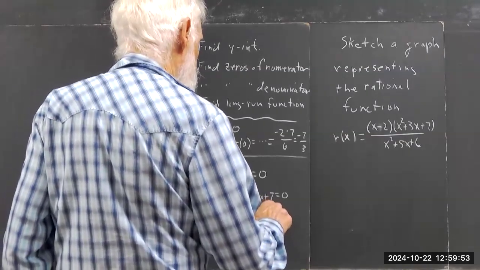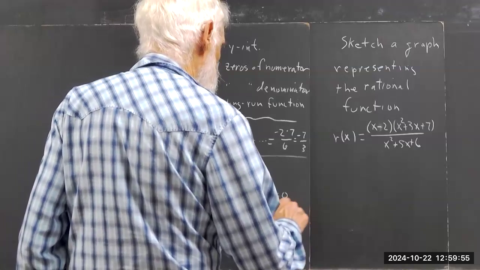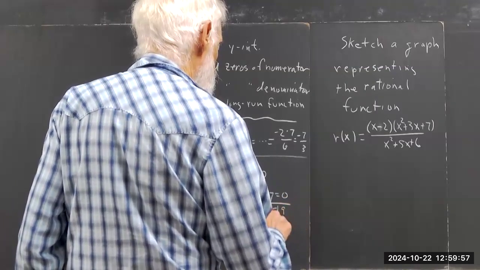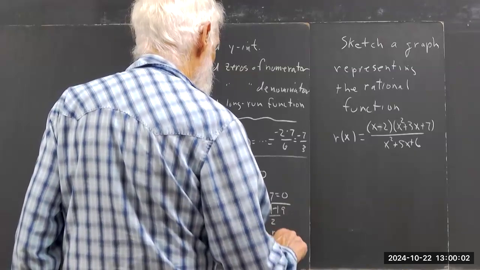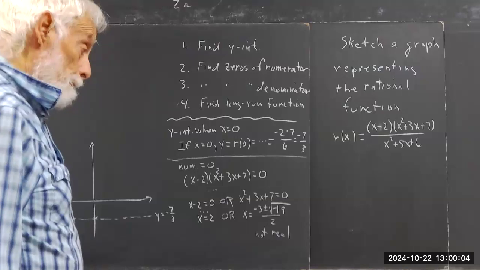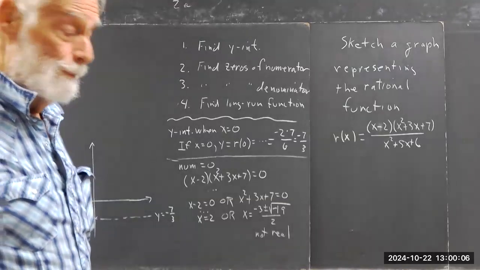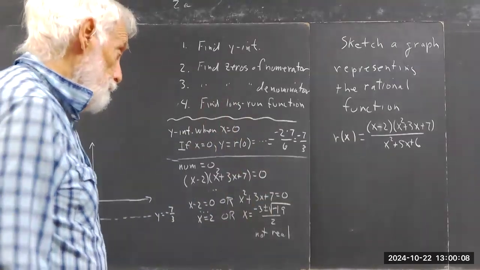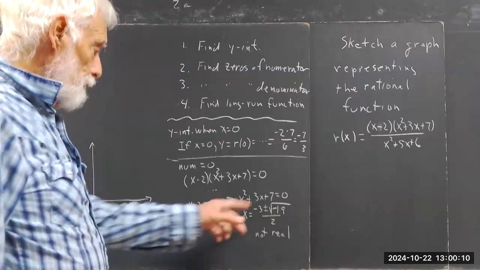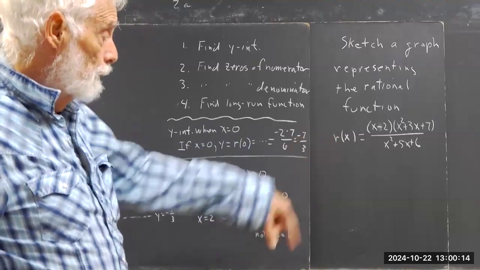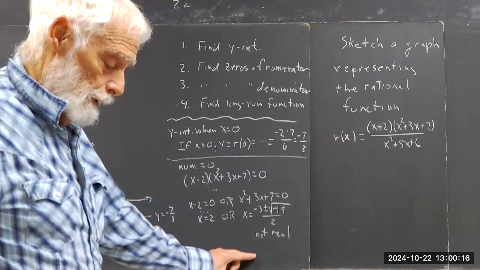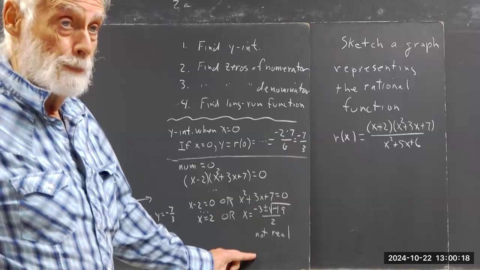So you end up with -3 plus or minus the square root of -19 over 2. That's not real. Okay. Square root of -19 is not a real number. You want to see how it's written out, look at, you know, I worked through one almost the same as this one in the support course.